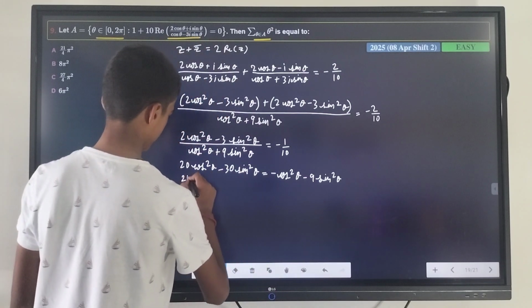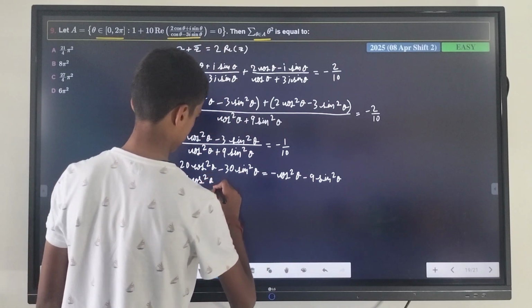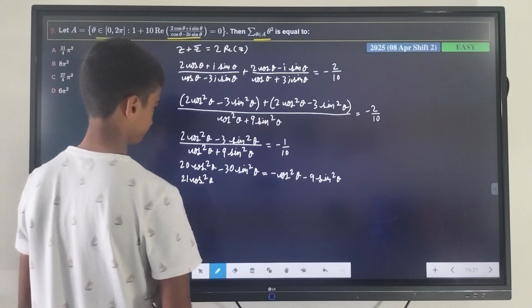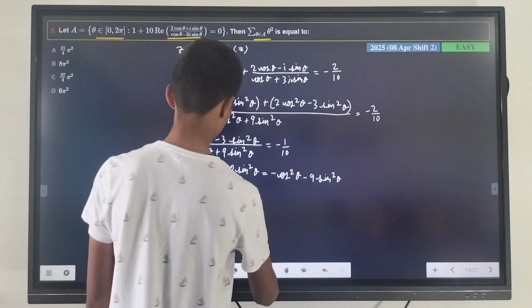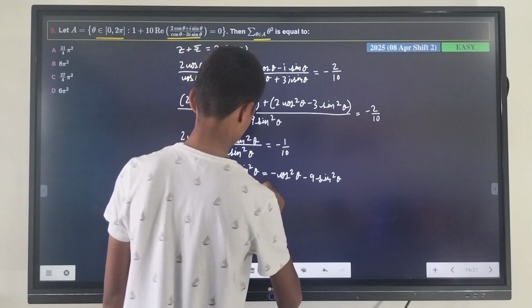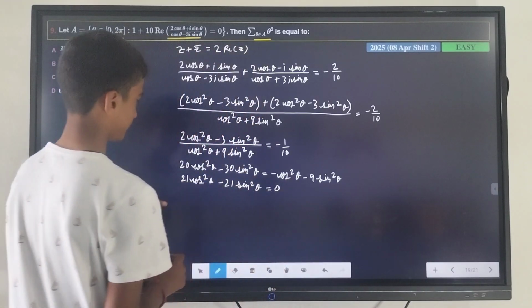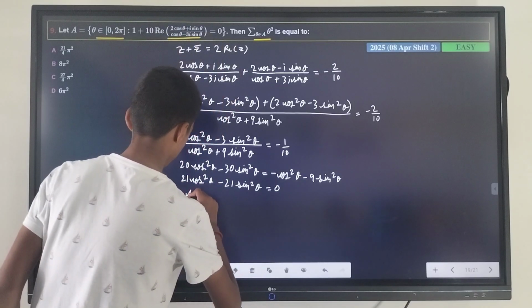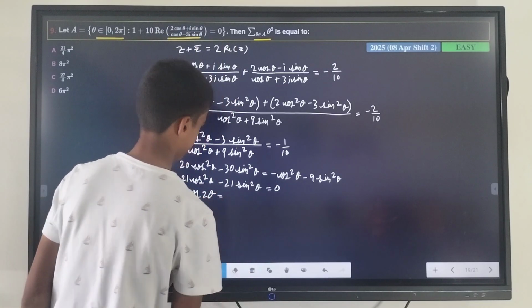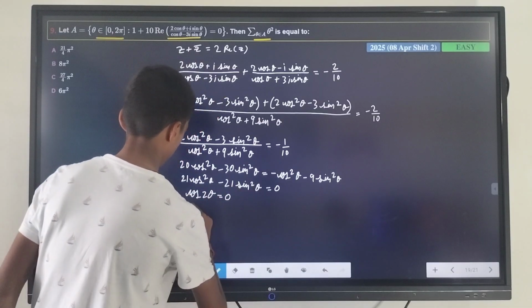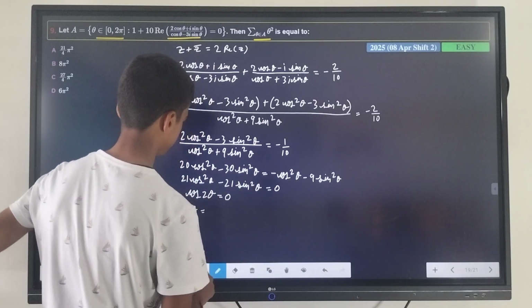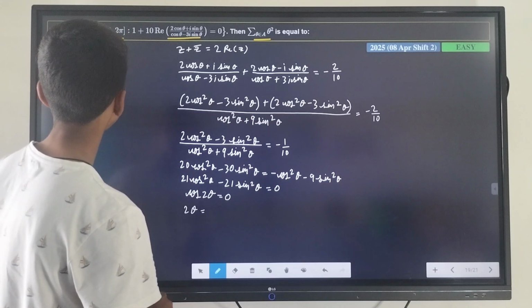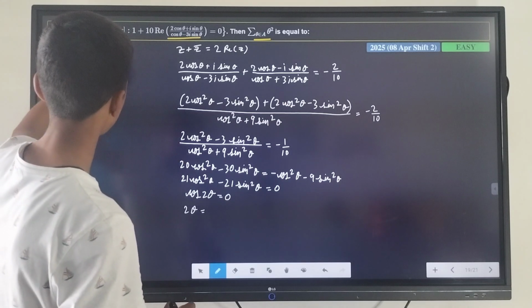From here we will get 21 cos square theta minus 21 sin square theta is equal to 0. We will take 21 to the right hand side. Left hand side we will get cos 2 theta, right hand side will be 0. So 2 theta can be, for it to be 0, and 2 theta is between 0 to 4 pi because theta is between 0 to 2 pi.